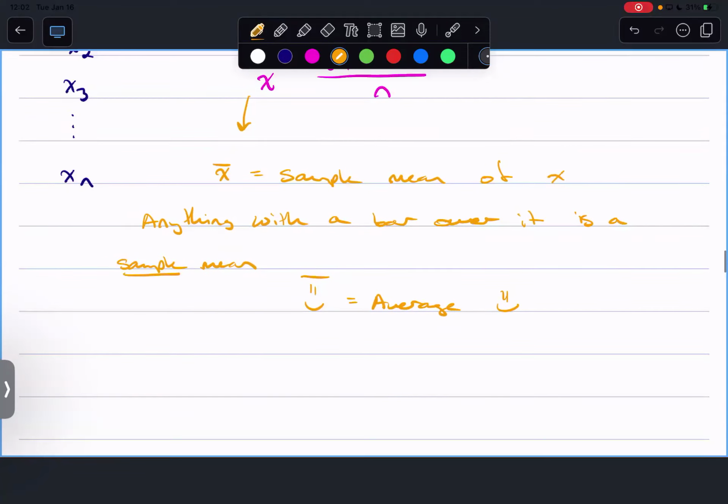Okay. So then what are we going to use to denote that something came from the population? Well, we're going to use Greek letters.